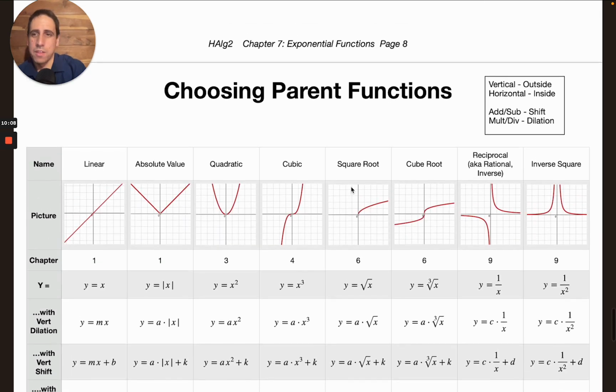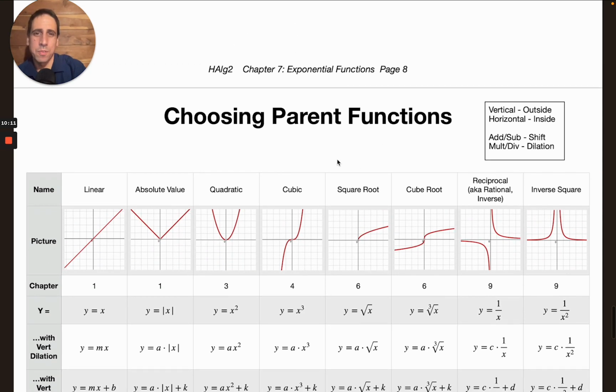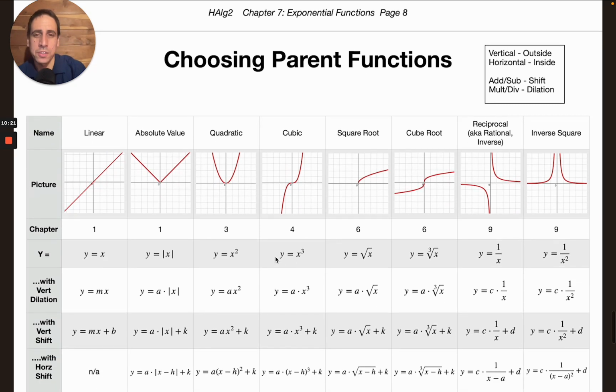Anyway, the reason the worksheet is here is because I wanted to go through what it would look like to type it into Desmos. You might remember in the SAND project, it was a cubic curve. The parent function is y equals x cubed, and if you wanted to allow Desmos to dilate this, you would have to put an a out in front. That's a vertical dilation.